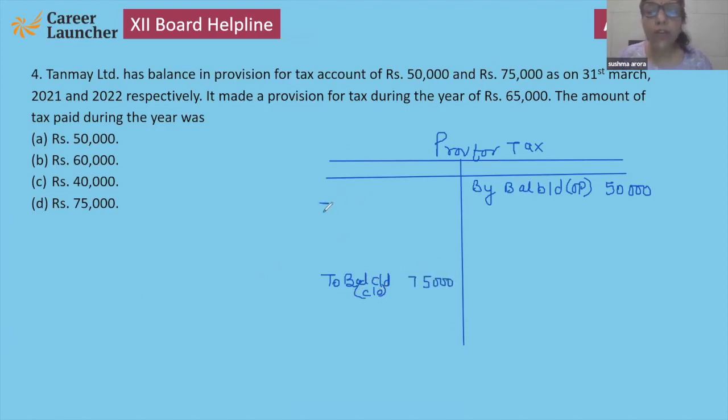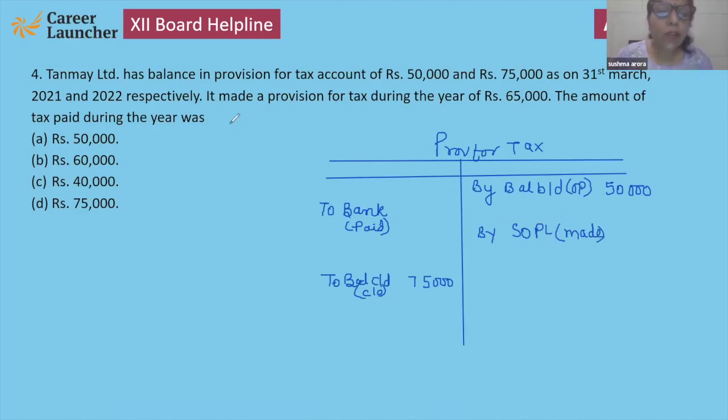Only two things you have to keep in mind: to bank paid, by SOPL made.